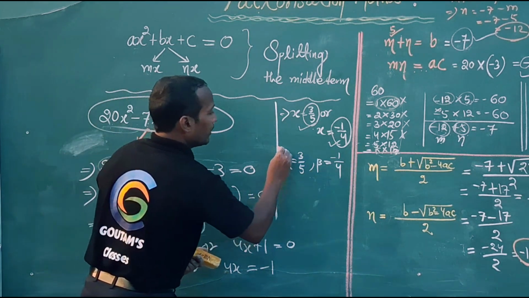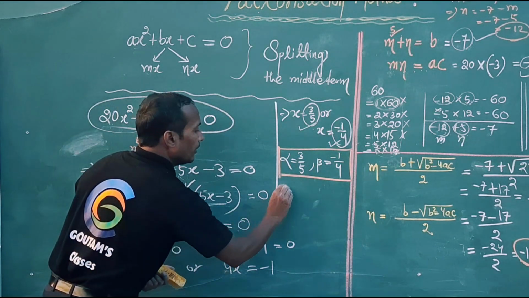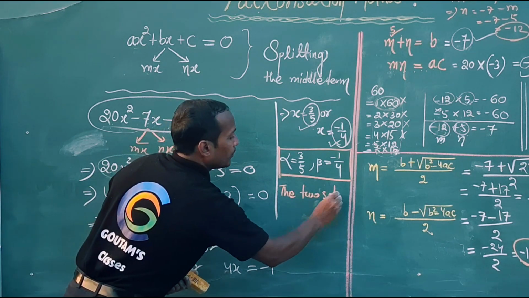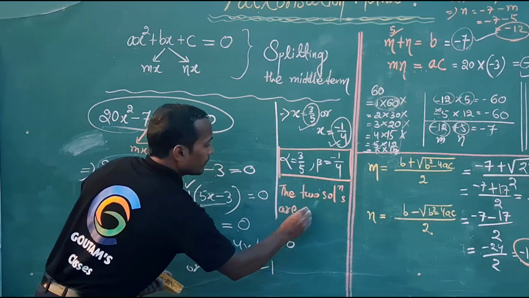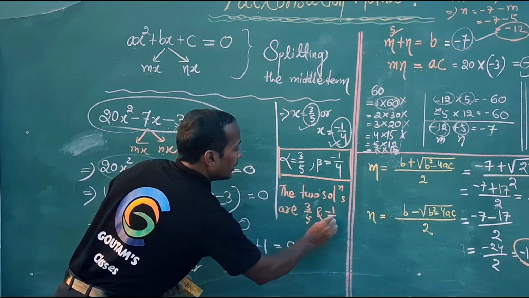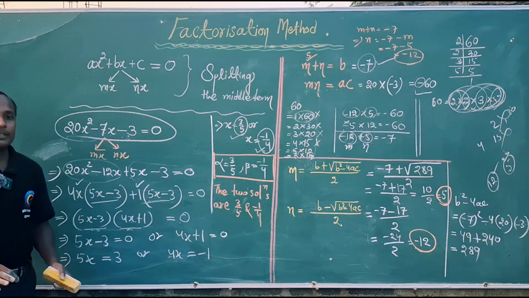This is our solution. You can write the two solutions are 3 by 5 and minus 1 by 4. That's it. Hope you understood.